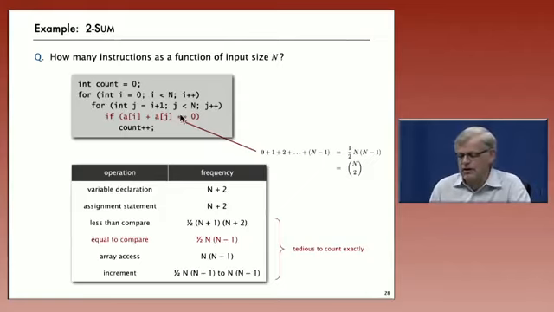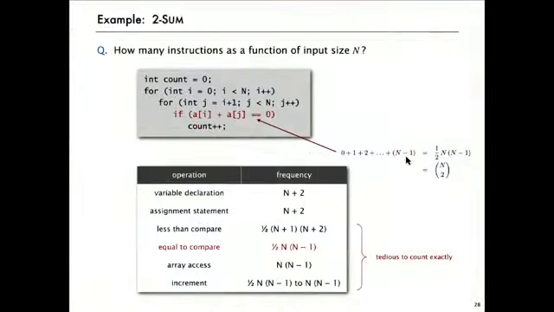It's the sum of the integers from 0 up to n minus 1, which is a simple discrete sum, 1/2 n times n minus 1, and since we're doing it twice, the number of array accesses is n times n minus 1.